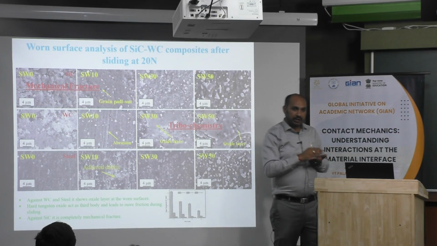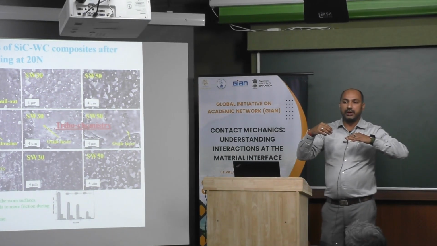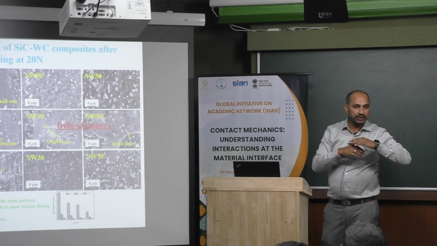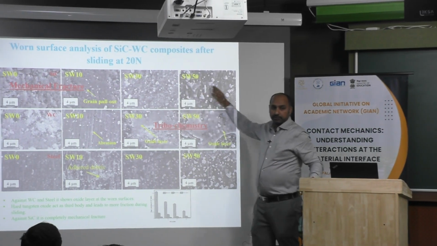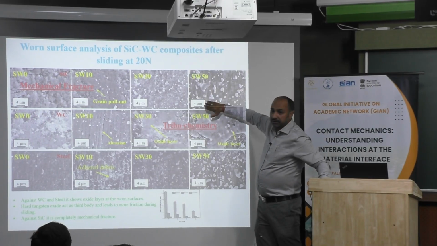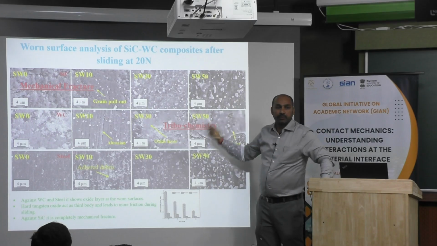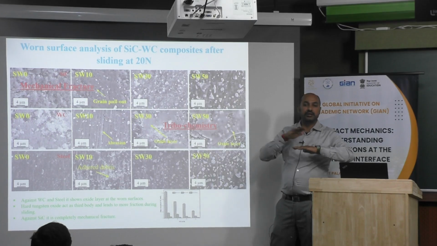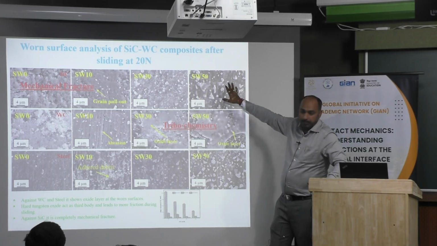Whatever fracture occurs, we have already seen it is bridged by tungsten carbide particles, so it is not propagating at a faster rate. It is not grain pull out either; transgranular fracture is occurring, and it is not at a faster rate once you incorporate tungsten carbide up to 50%.